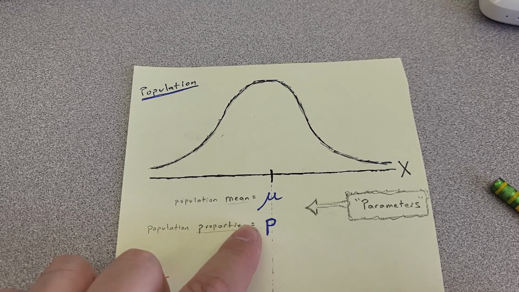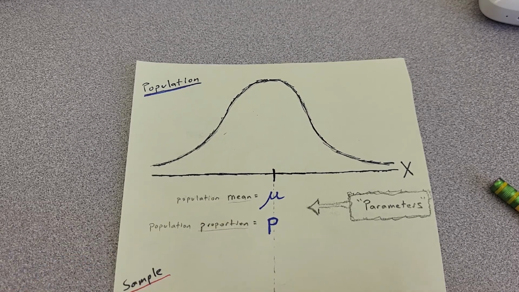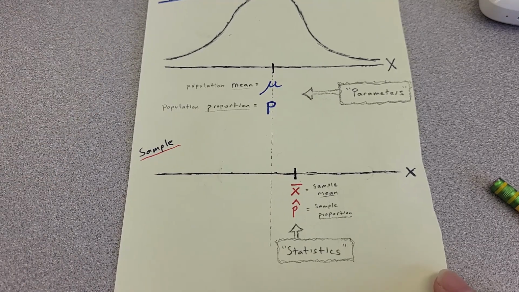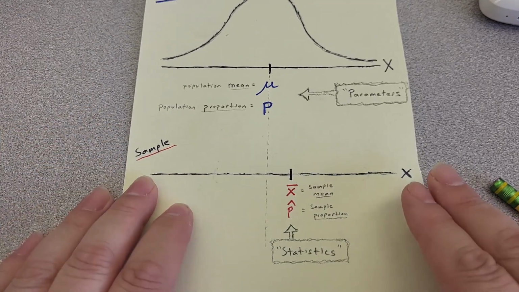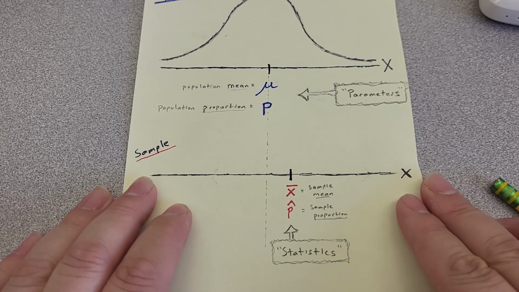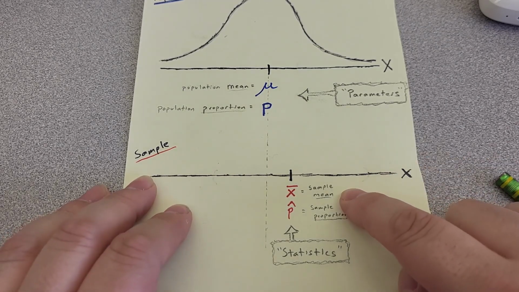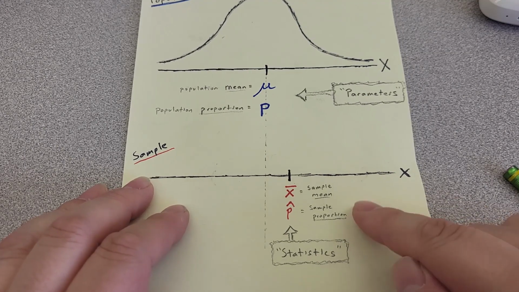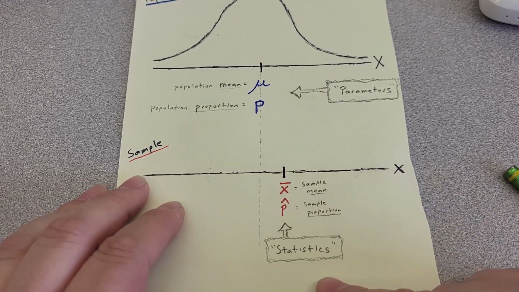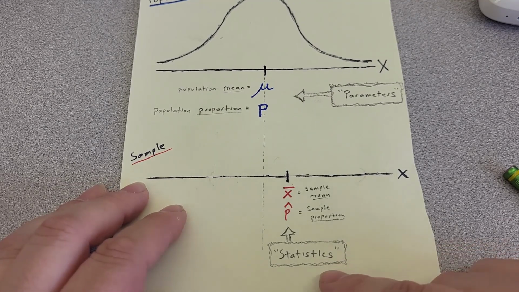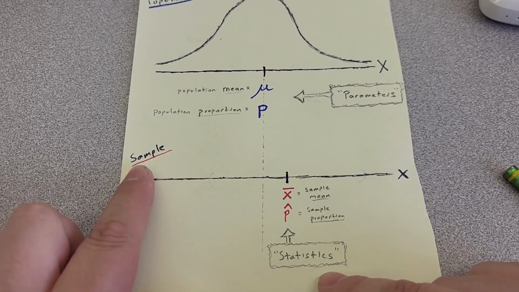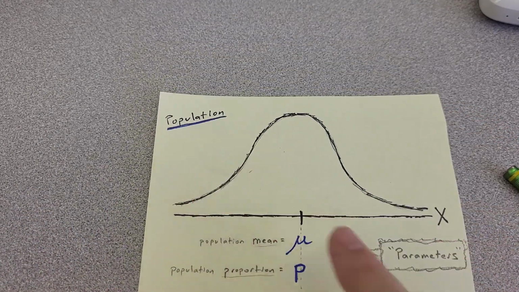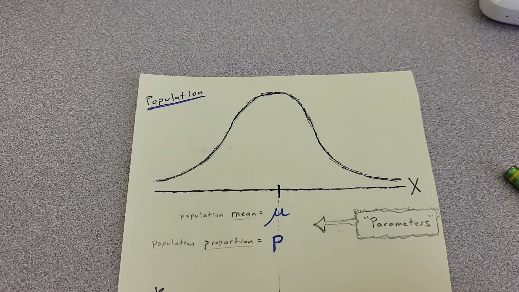So in that case, what do we do? We take a sample from that population, and then we take the numbers from that sample and we find a sample mean or a sample proportion. These numbers are called statistics, and we use these sample statistics to have an estimate of what the population parameters really are.